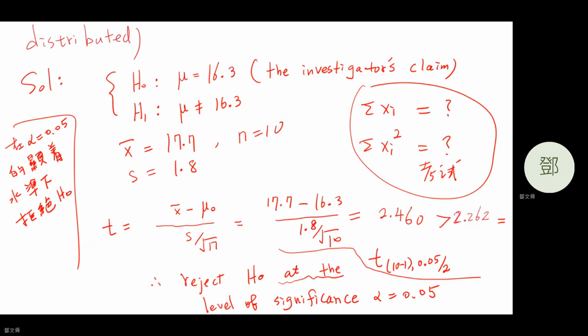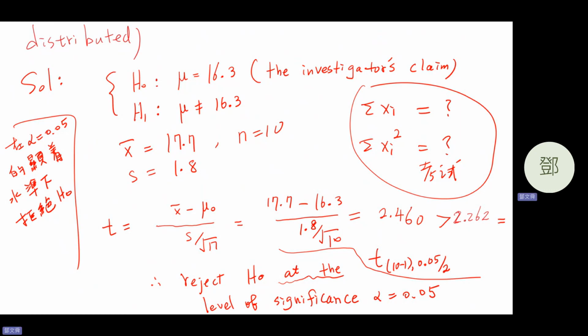Now, the test statistic is not Z anymore. It is T here, so you should use T. What is the T value? This is called the test statistic. It is x bar minus mu, where mu is the value under the null hypothesis, divided by s over the square root of n.